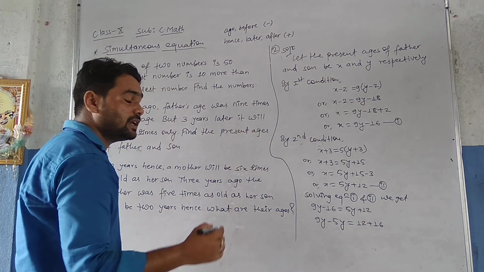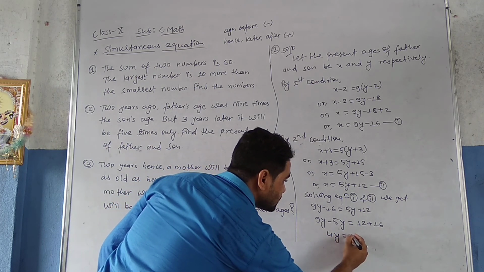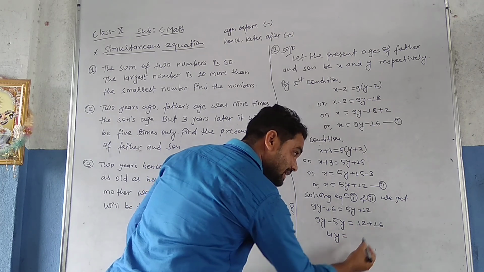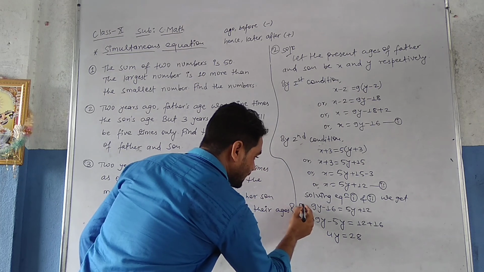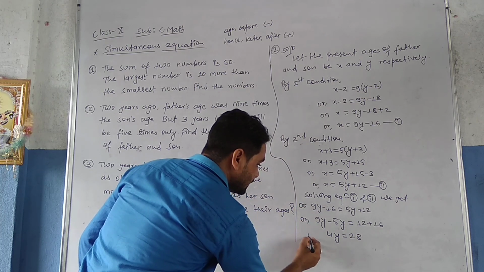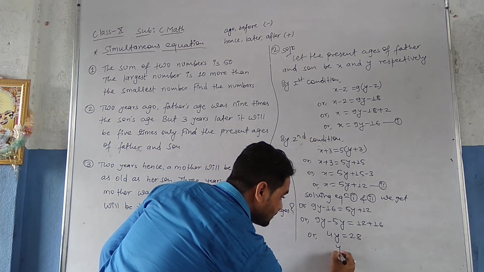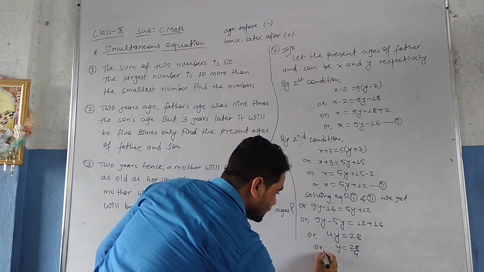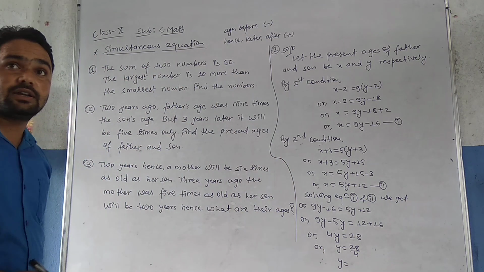Now 9y minus 5y is 4y equals 12 plus 16, which is 28. Now 4 is multiplied on this side, so it becomes divide. So 28 by 4, and lastly we get the value y equals 7.